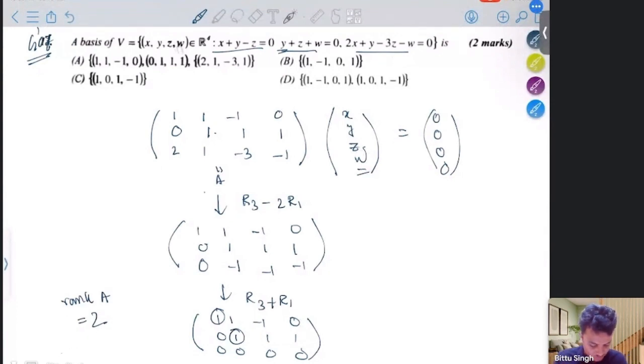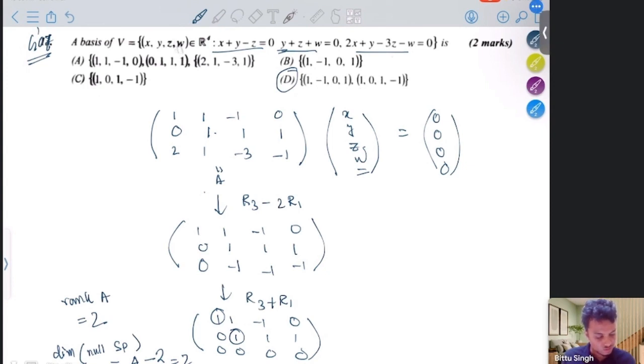So the dimension of the null space or solution space is the number of variables, 4, minus rank 2. So there will be two linearly independent solutions, so the basis should contain 2 elements. So the answer should be this, because only this contains 2 elements.